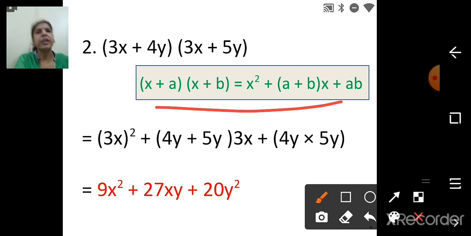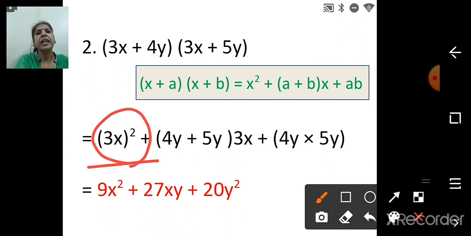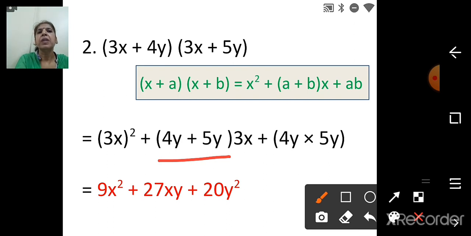And then we continue. That is equal to the square of the first term, and our first term is 3x. So write it in a bracket, children: (3x)². Plus the middle term, which is the addition of the second terms, here 4y, here 5y.